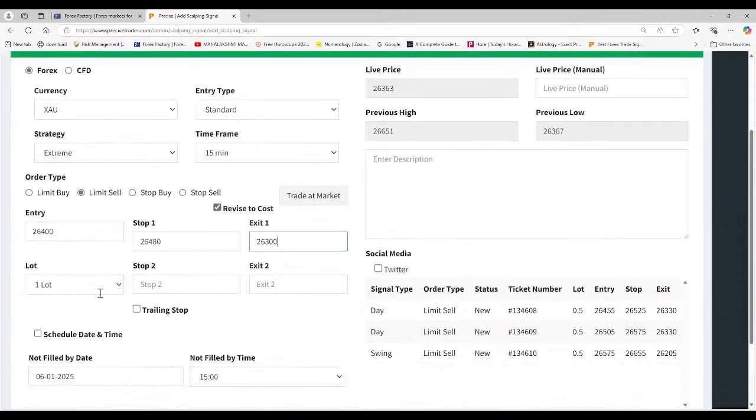Okay, so we'll try to sell at 40, and the stop loss 48 looks a bit high.